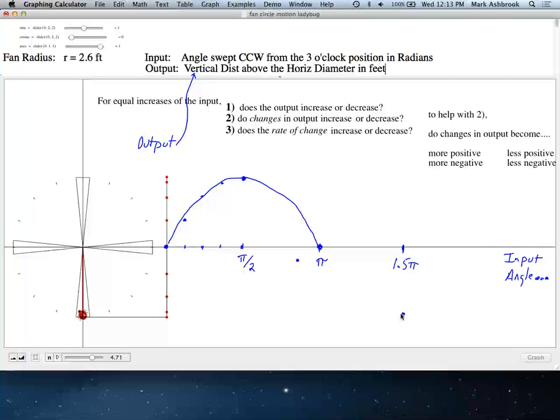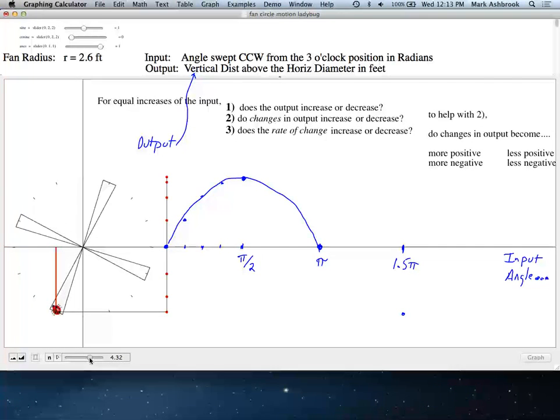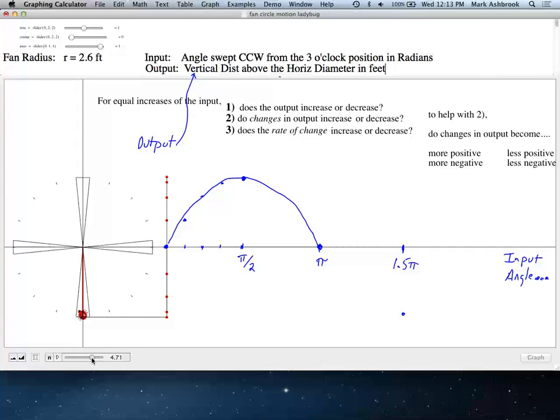Okay, so we're here at 0, and then the bug's vertical distance decreases to negative 2.6. So the changes, if that quantity is decreasing, those changes are positive or negative? Negative changes becoming more or less negative. Those are negative changes becoming less negative.